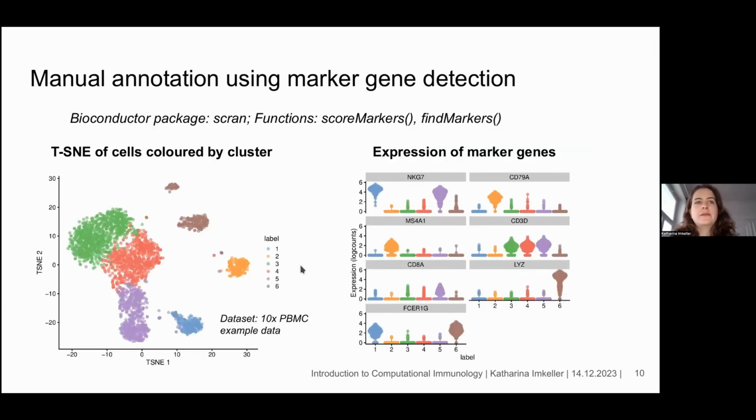Nevertheless, let's see how this looks. Here I have analyzed for you an example data set from immune cells from the blood, and I performed clustering. You see that there are different clusters. When you look at the expression of particular marker genes that are known in immunology, you can see that, for example, the green, red, and purple clusters here are probably T cells because they express CD3.